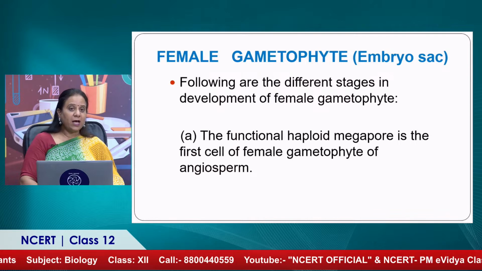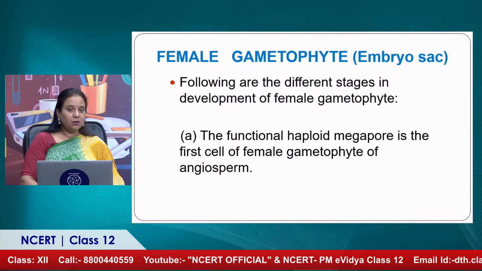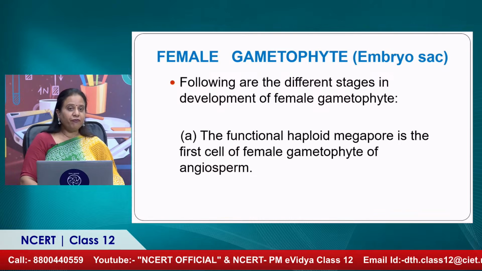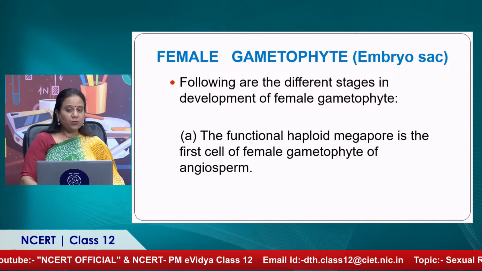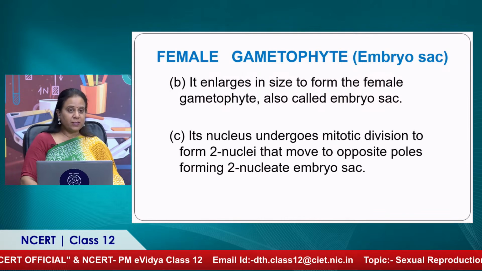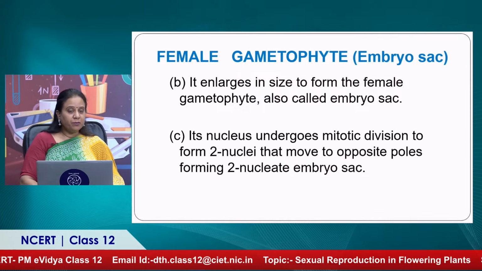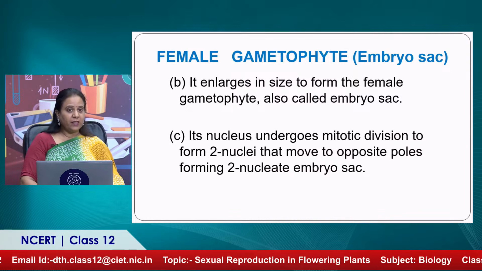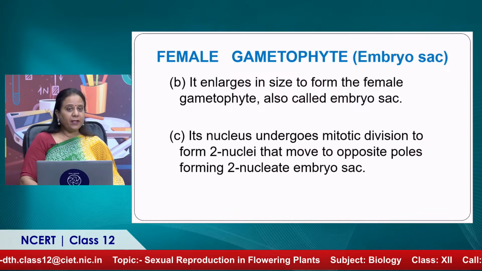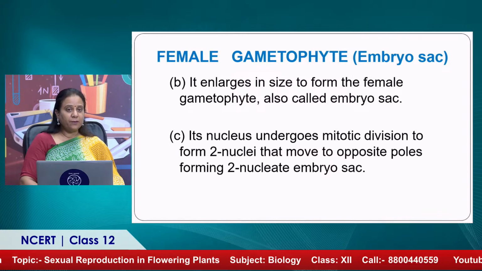Haploid means it has n number of chromosomes, that is, half the number of chromosomes. Point B says this single haploid megaspore cell starts enlarging in size and forms the female gametophyte, which in later stages is known as the embryo sac.